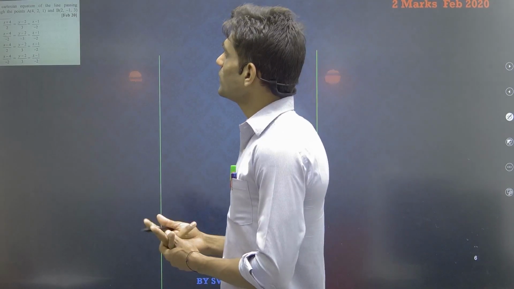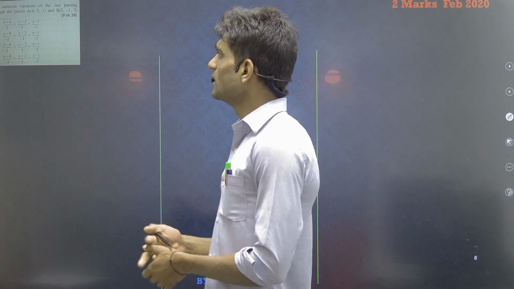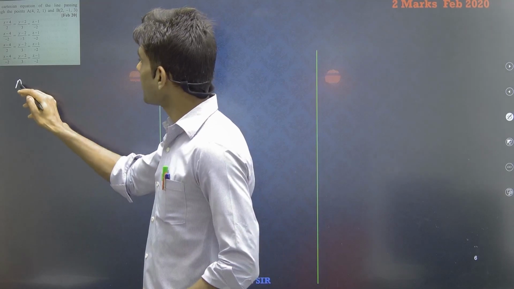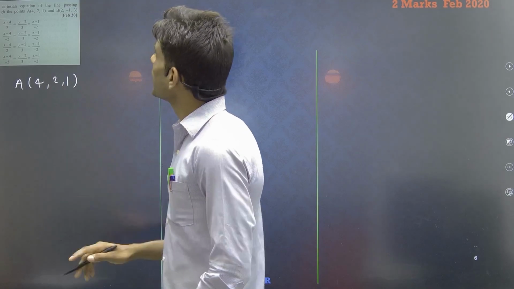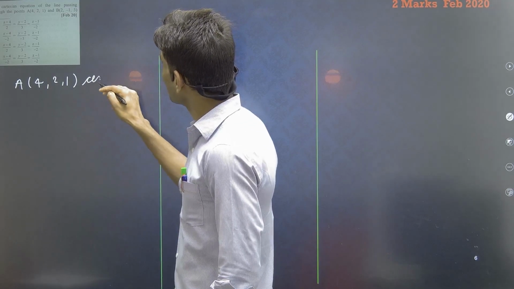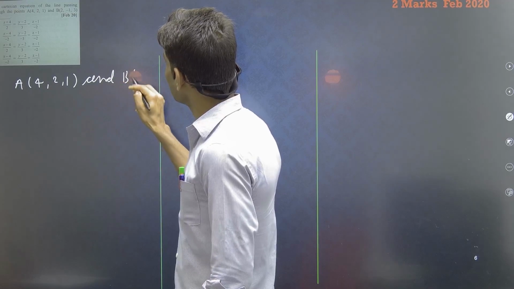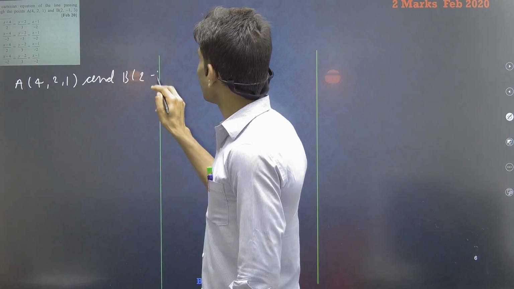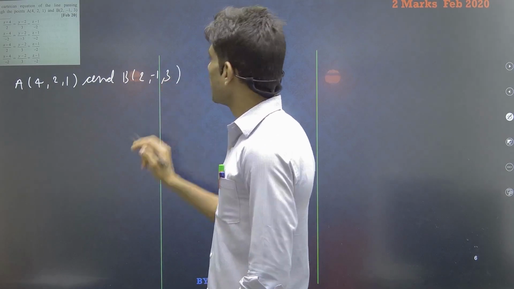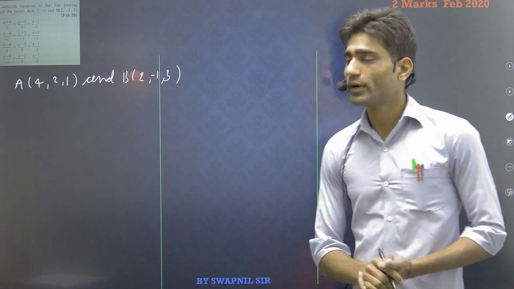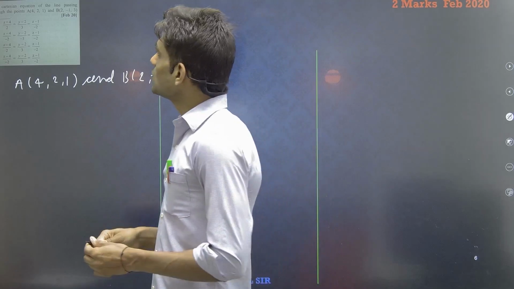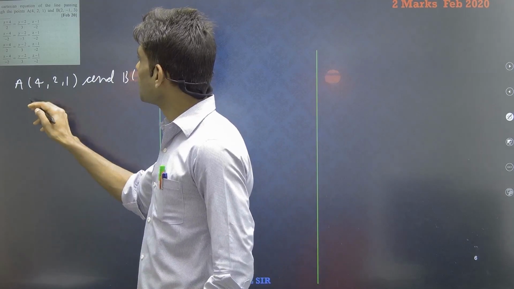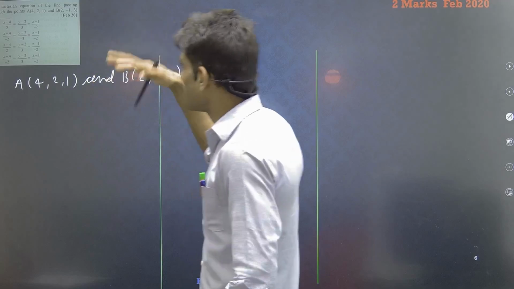The Cartesian equation of the line passing through the points: we are given point A (4, 2, 1) and point B (2, -1, 3). So we have point A and point B, and the line passes through them.